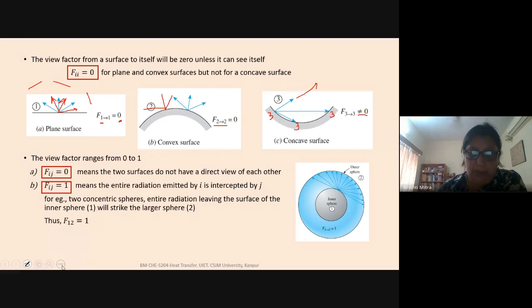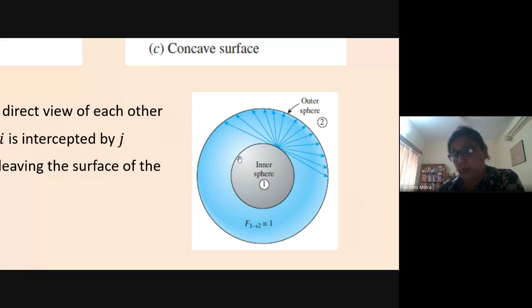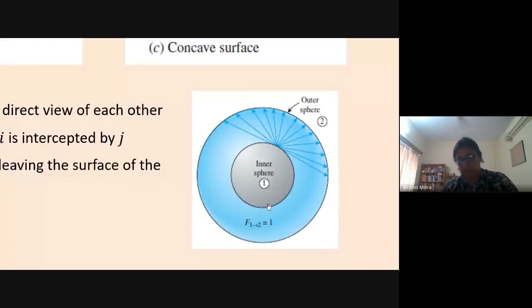For example, when is that possible? Let's see. These are two spheres. One is called the inner sphere and one is called the outer sphere. The inner sphere will give off radiation, just like the blue arrows are showing, but it will also give off radiation from this side, in all possible directions. But if this inner sphere is inside the outer sphere, no matter in whatever direction the radiation is given out, it will definitely be intercepted by the outer sphere.